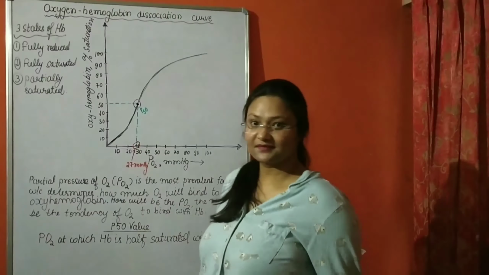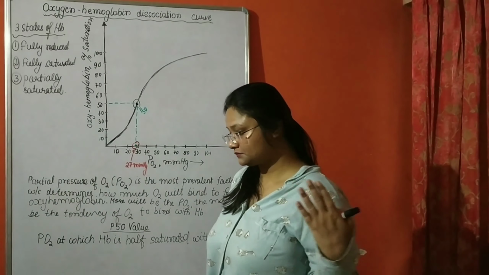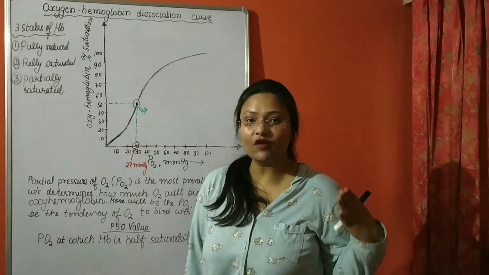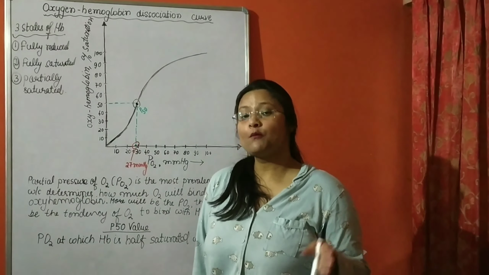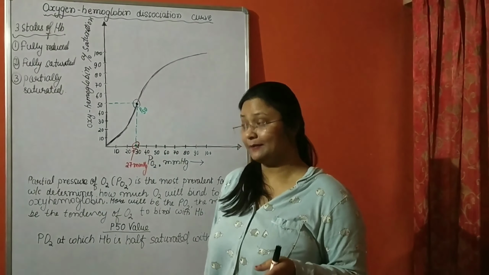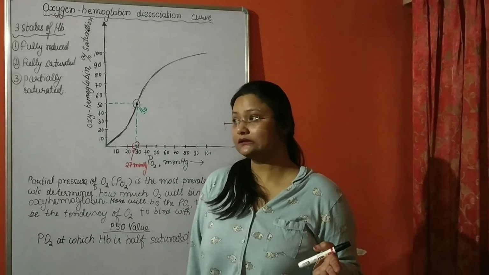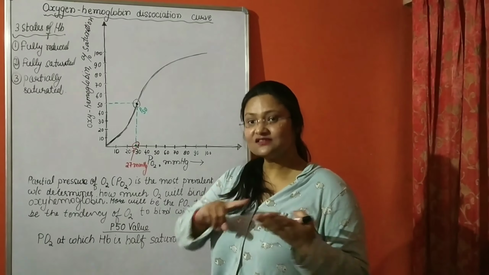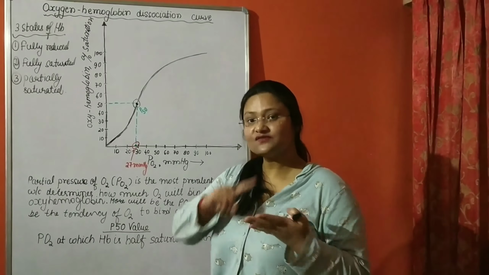So now let us understand the oxy-hemoglobin dissociation curve. Like I already told you guys, the binding of oxygen to hemoglobin shows positive cooperativity. That means there are four sites of oxygen binding in one hemoglobin.